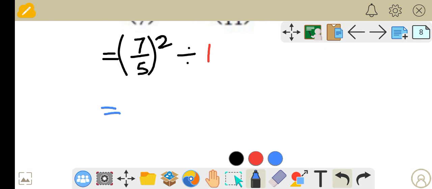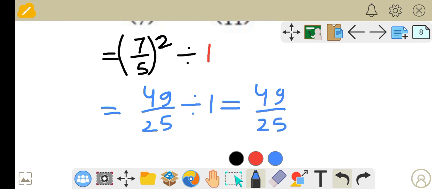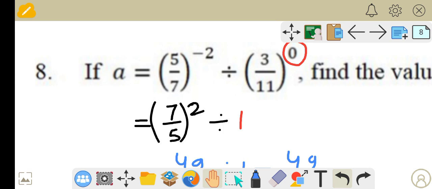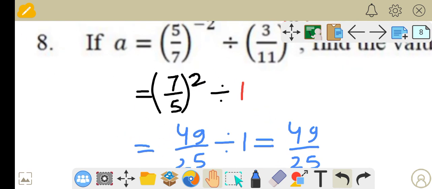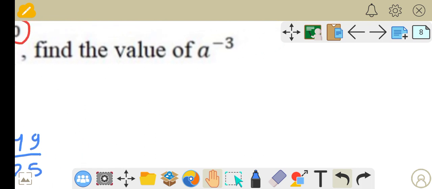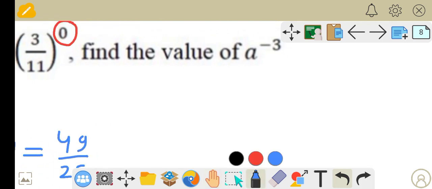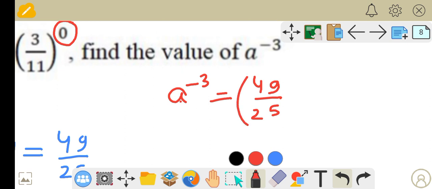So the answer is 7 square 49, 5 square 25, divided by 1, but division by 1 gives the same number, so it will be 49 by 25 as your answer. 49 upon 25 is the value of a, but we are required to calculate the value of a to the power minus 3. So a to the power minus 3 is 49 upon 25 to the power minus 3.